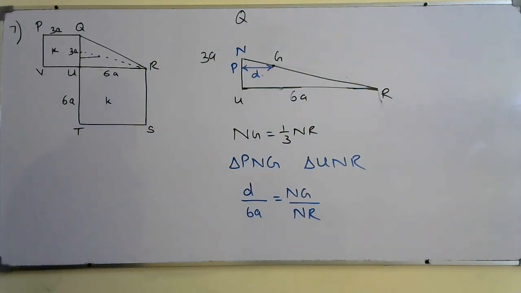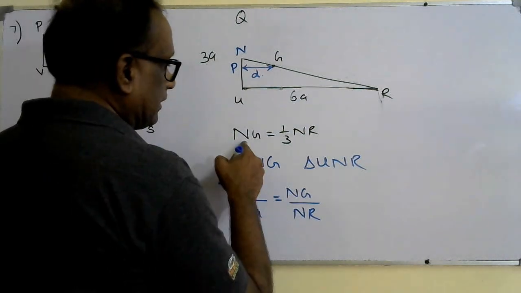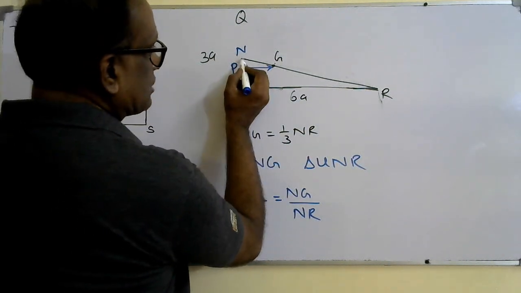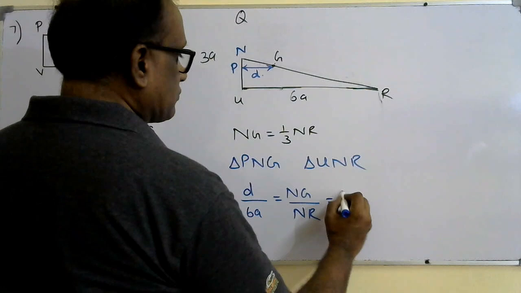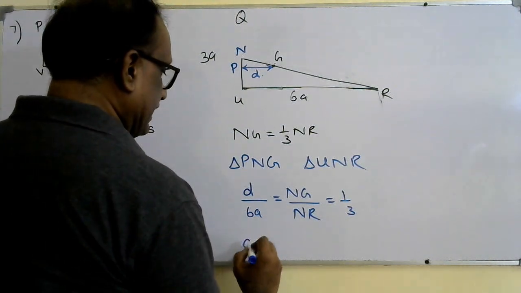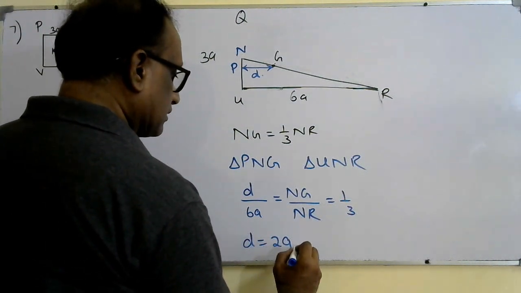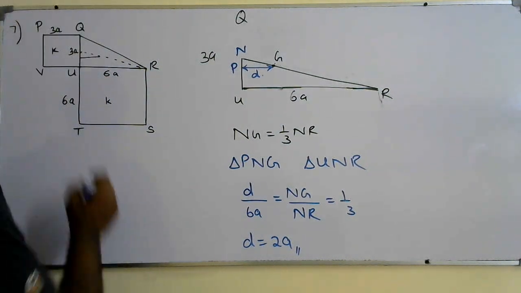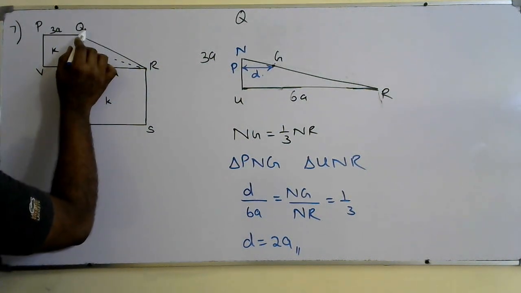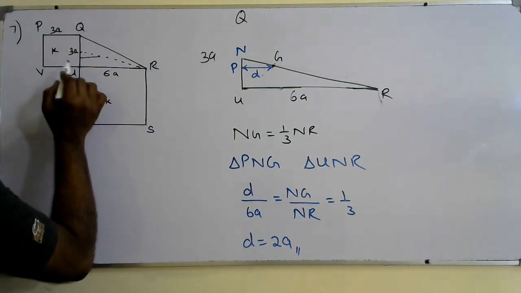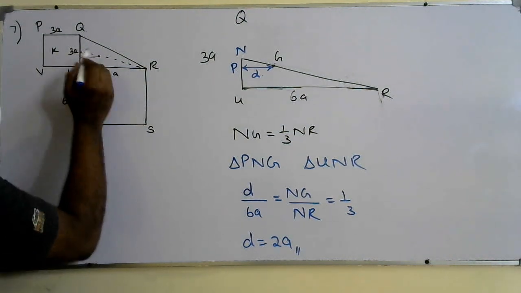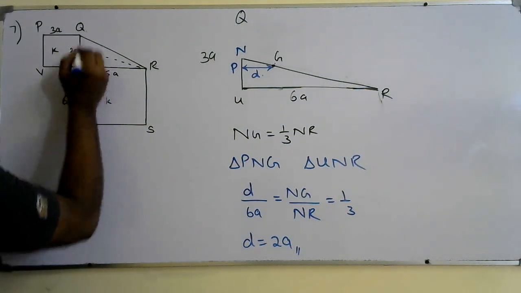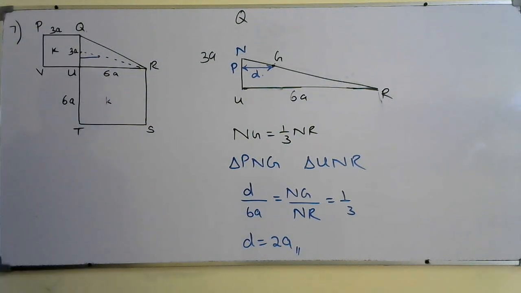But NG over NR is 1/3, because G is at a distance of 1/3 from N. So D is going to be 2A. So the distance of the center of mass of the triangle QRU from the line QT is 2A. I'll use that later.